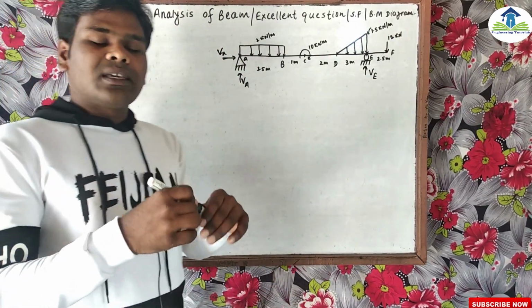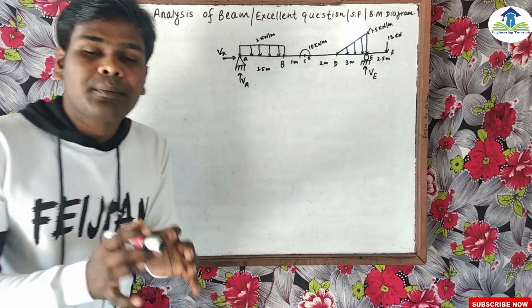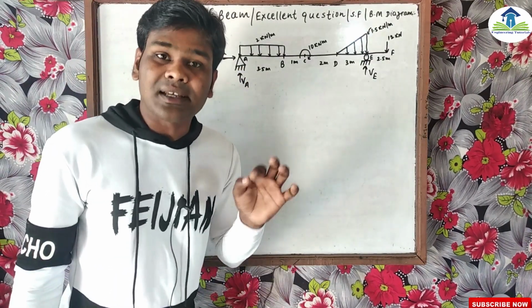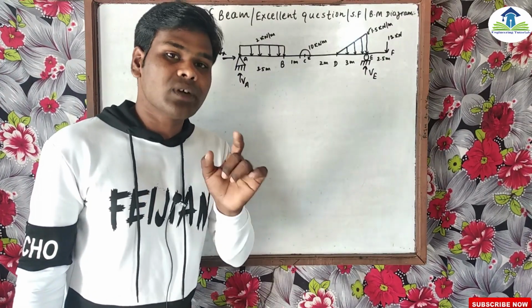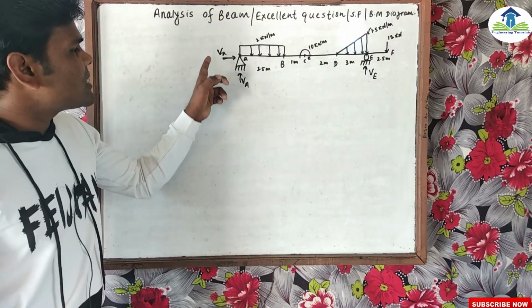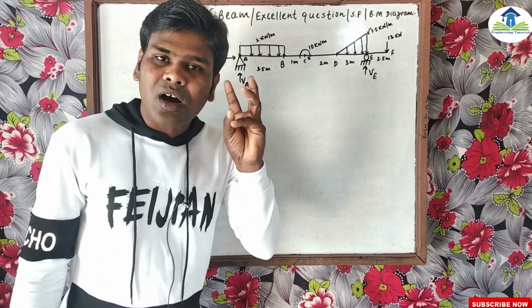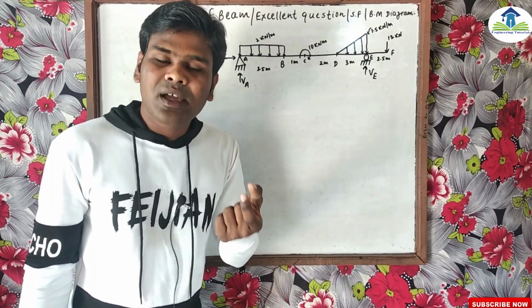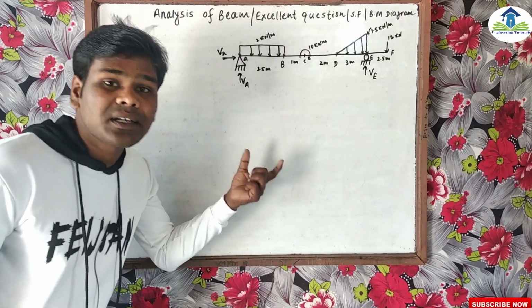If this question is asked in our exam, first of all we have to consider whether our beam is determinate or indeterminate. We have to determine it. Here there are only three unknown reactions, and the unknown reactions can be solved using the equilibrium equations. So this is a determinate structure.